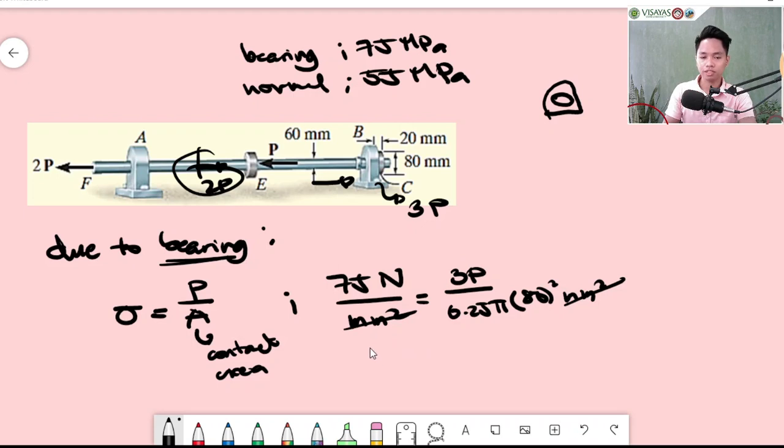Now, what would be the answer for our P? 75 Newton multiplied by 0.25 pi times 80 squared divided by 3.